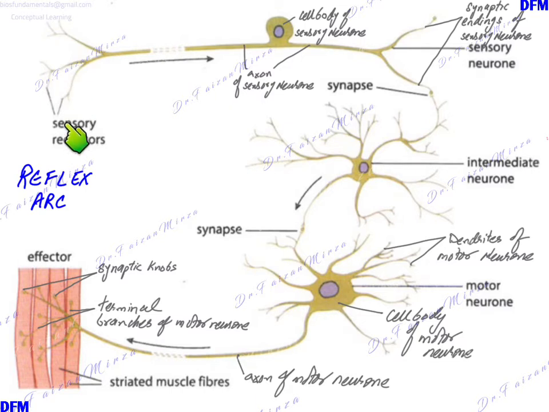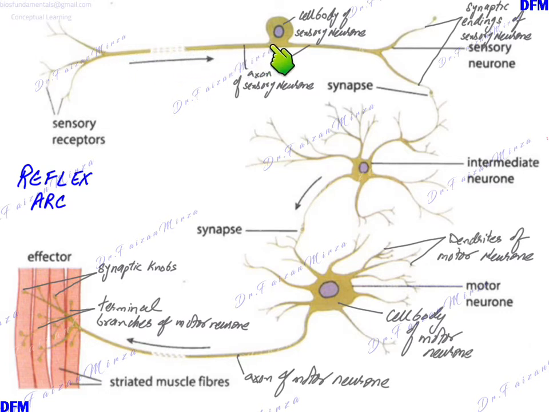Now let's suppose the pin is not pricked yet at the fingertip. The sensory receptors which are present in the skin, these are the endings of the sensory neuron. All these sensory endings, the sensory receptors, as well as every part of the sensory neuron, are in a resting state.